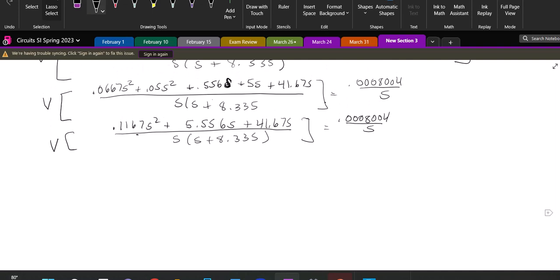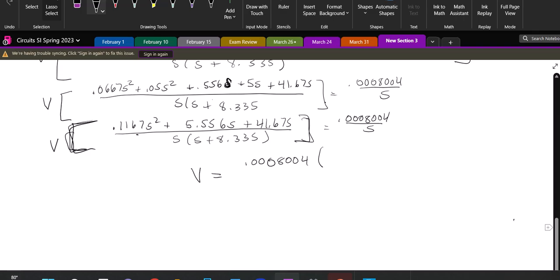But now what we do is we divide both sides by this whole thing right here so that we get v by itself. So I have v equals 0.008004 times, where did that small number come from in the first place?